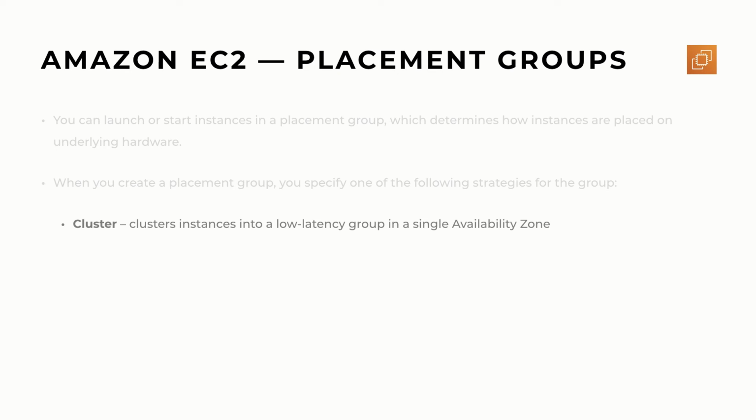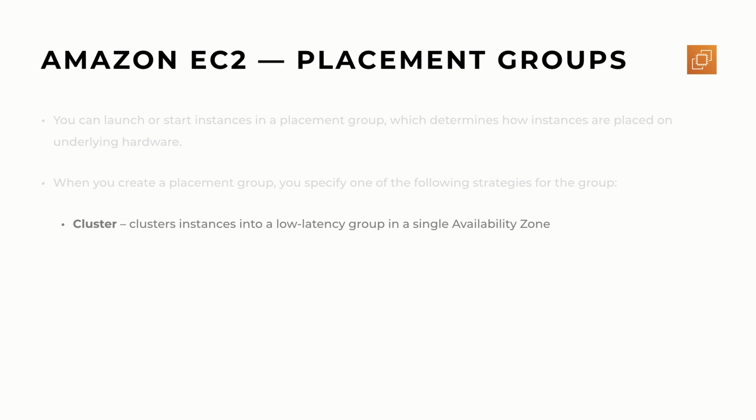If you try to add more instances to the placement group later, or if you try to launch more than one instance type in the placement group, you can get an insufficient capacity error. If you get an insufficient capacity error, you can stop and start all the instances in the placement group and try to launch again.